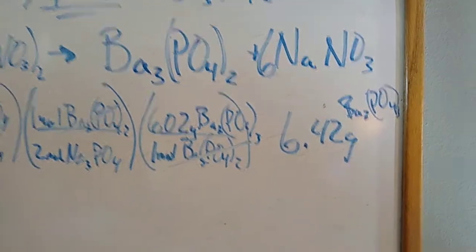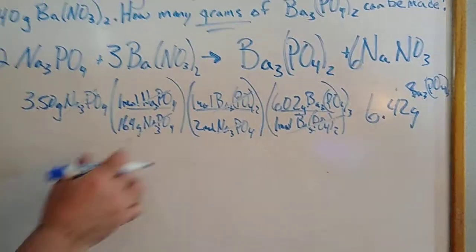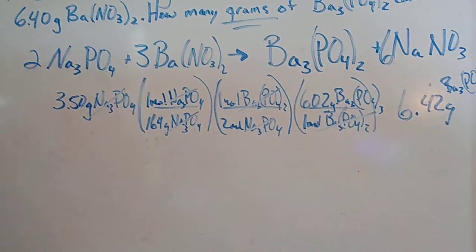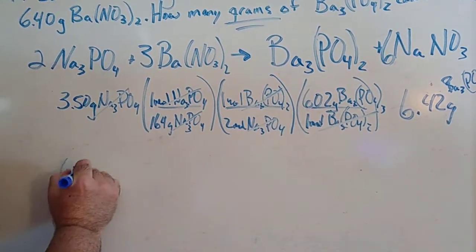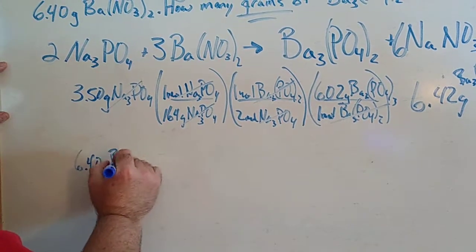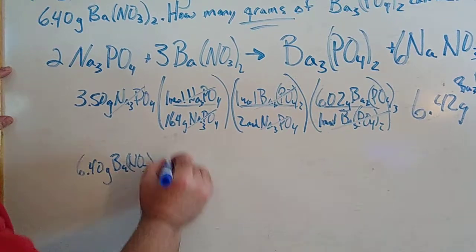I got to do my second one, barium nitrate, into the same thing. Now, I have some work that I get to use again, which is nice. So we take a look at that. We have 6.40 grams of barium nitrate. And we do the same thing.